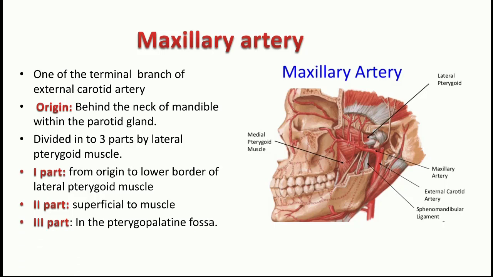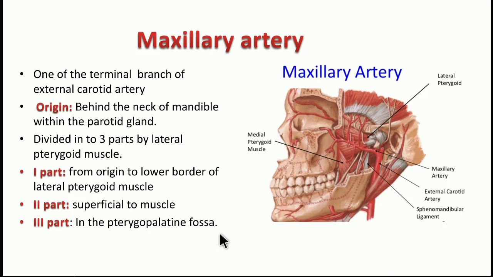So that is how we divide the artery into three parts, and the lateral pterygoid muscle is the one which divides the maxillary artery into the first part, second part and third part. Here I would like to stress one point: in the previous class I discussed the pterygopalatine fossa and its various communications.